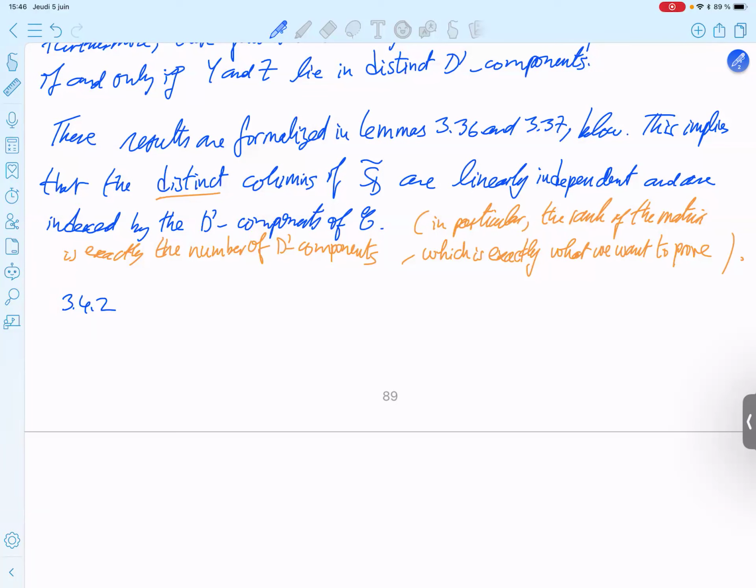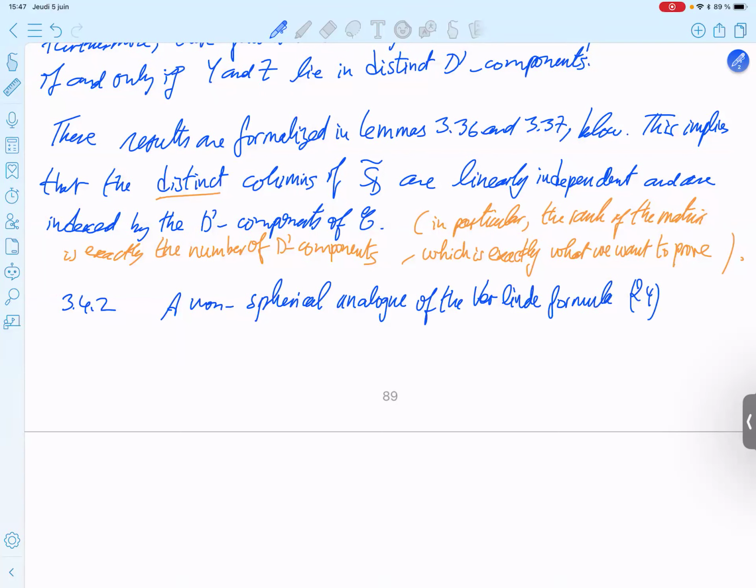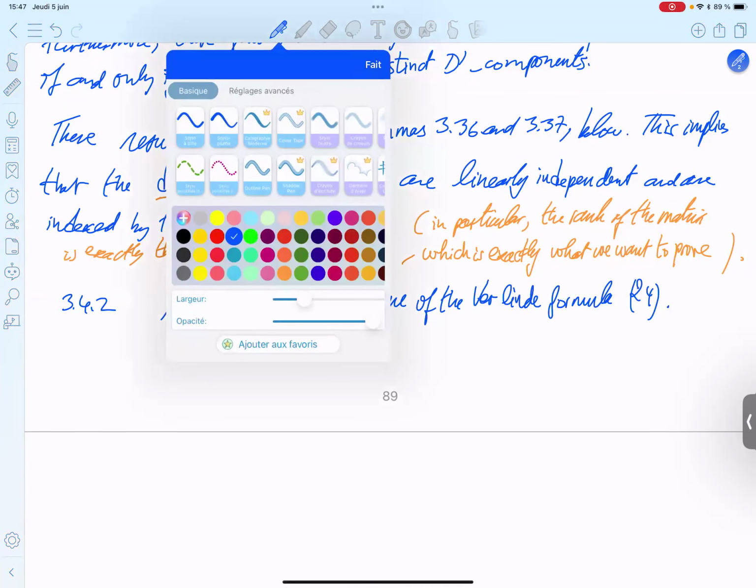We can have a Verlinde formula without the spherical assumption, but we need to provide the right renormalization in order to be independent of the choice of the natural isomorphism between the identity functor and the double dual functor. We mentioned the Verlinde formula in equation 24.